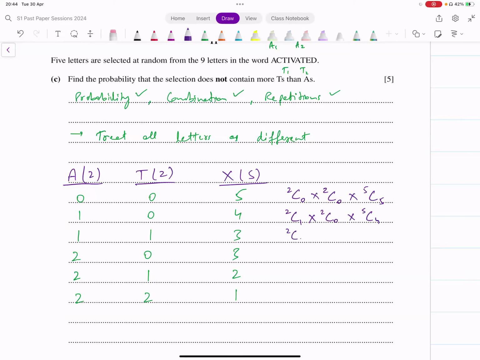And then 2C1 into 2C1 into 5C3. 2C2 into 2C0 into 5C3. 2C2 into 2C1 into 5C2. And then finally 2C2 into 2C2 into 5C1. Evaluate each of these cases, add them up together and see what that gives you.